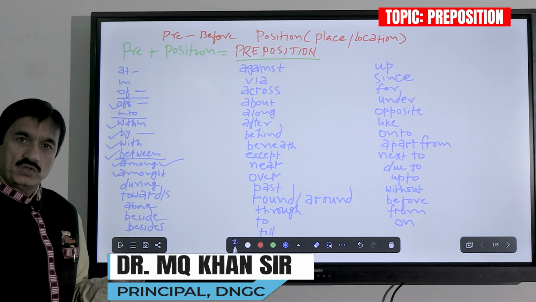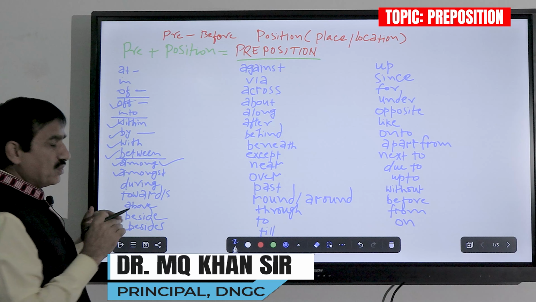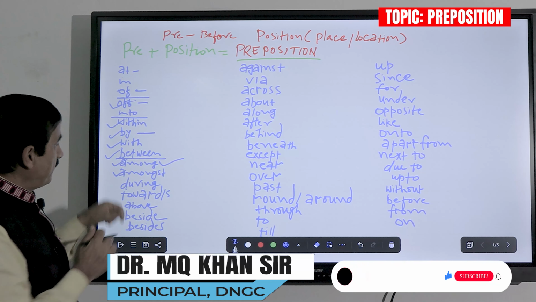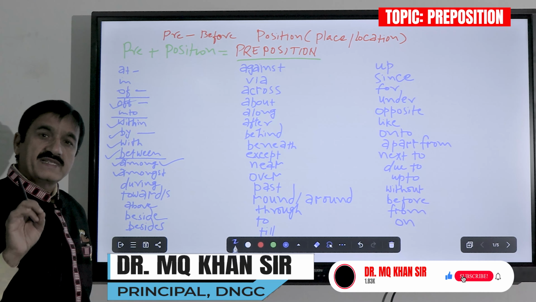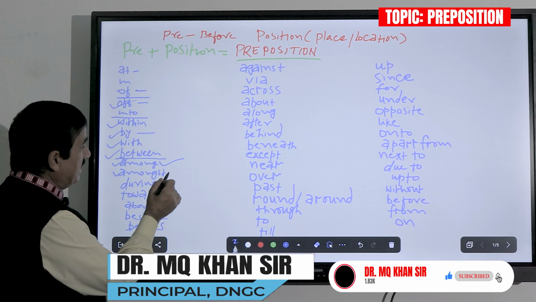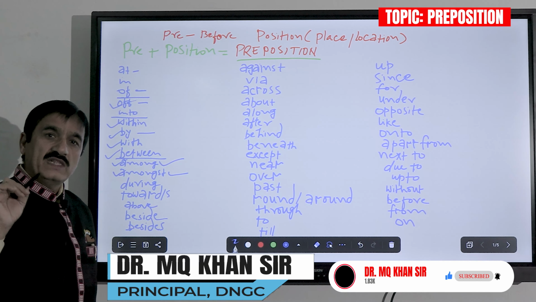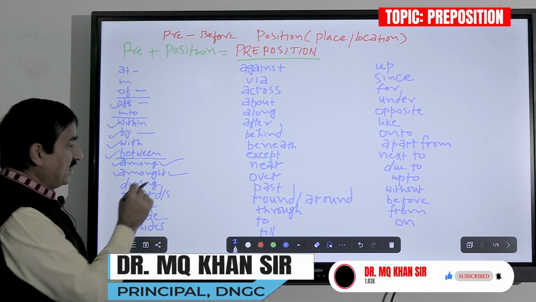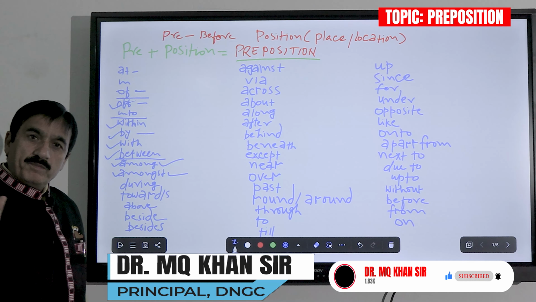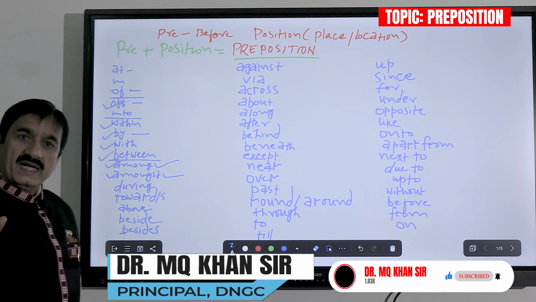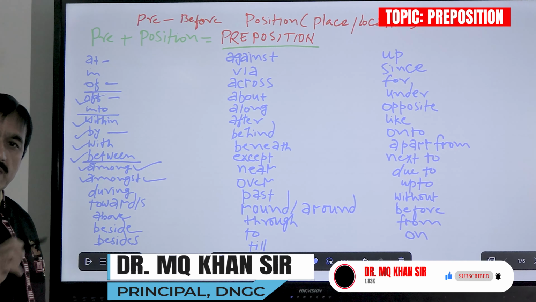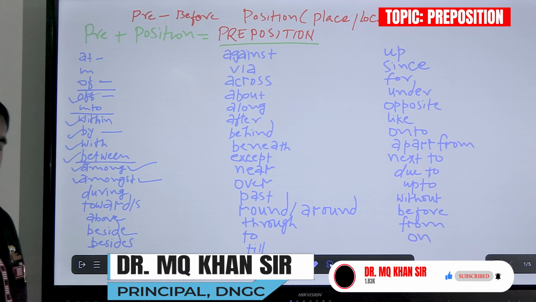So then among is used, not for two, but more than two. Then amongst also for more than two. The meaning is the same for among and amongst, but the difference is that amongst usually comes when the following word begins with a vowel sound. For example, books were distributed amongst us, but books were distributed among students.